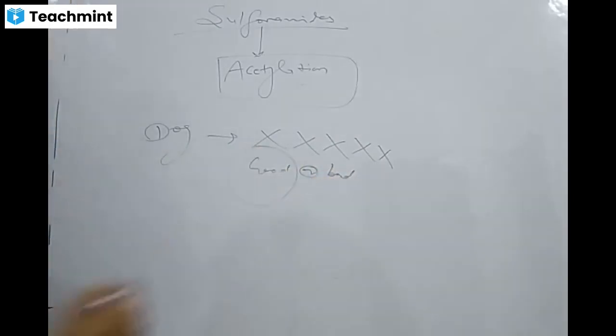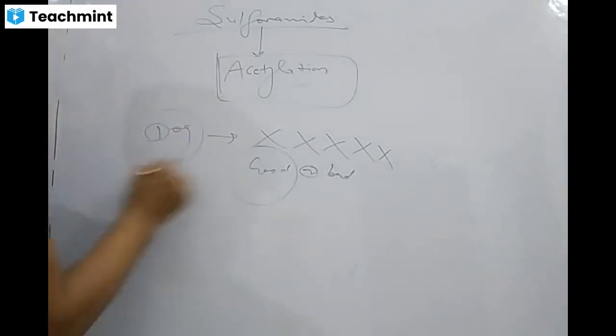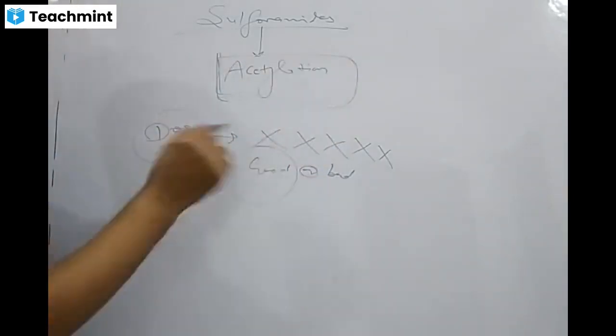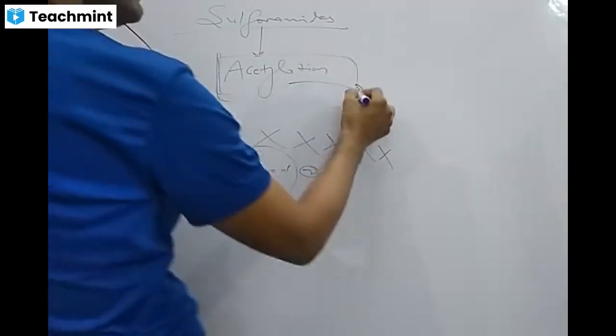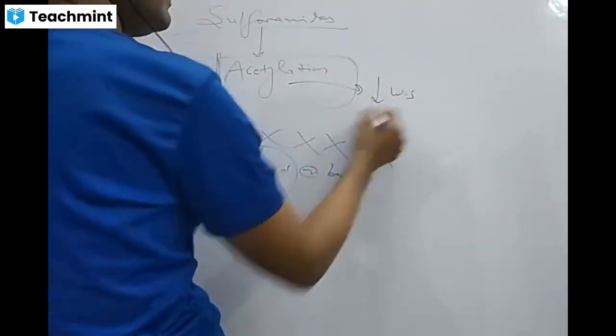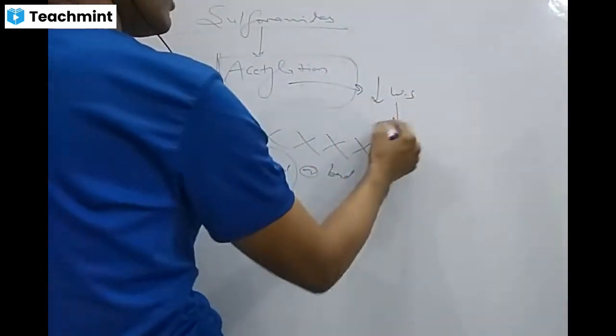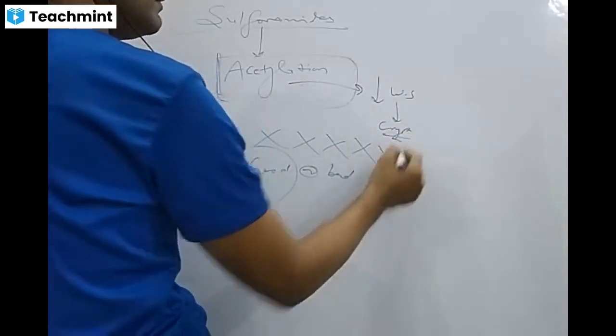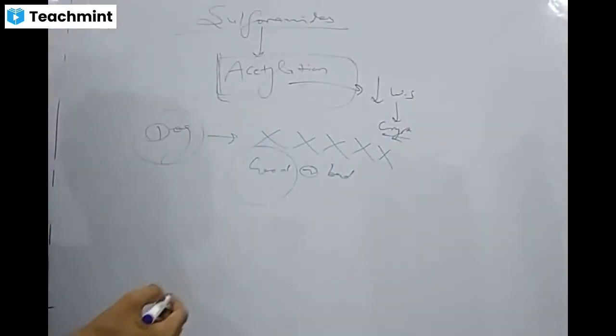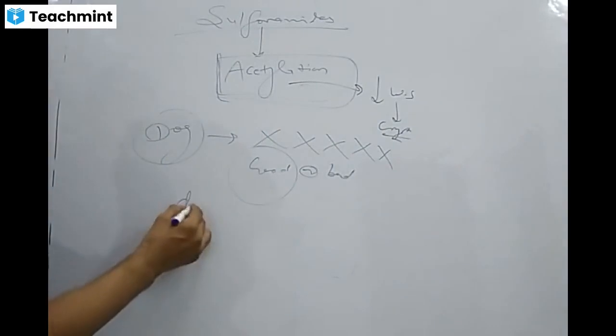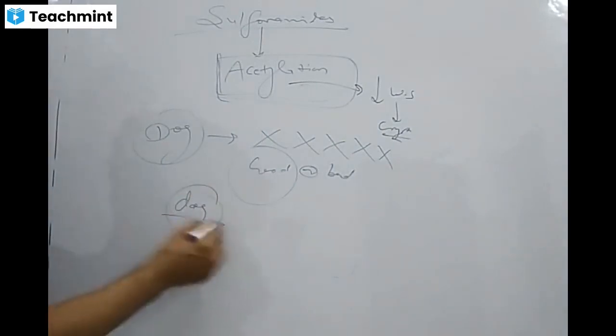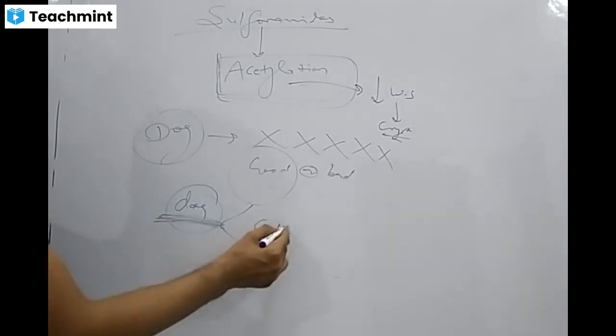It is good. Why? Because if acetylation were present in dog, it would decrease the water solubility of sulfonamide. That will lead to crystal urea, and that will cause damage to the kidney. So dogs are less susceptible to crystal urea as compared to cattle.